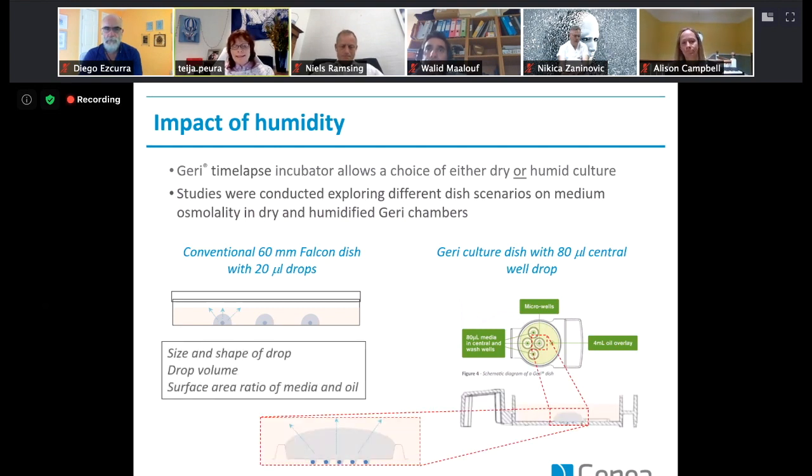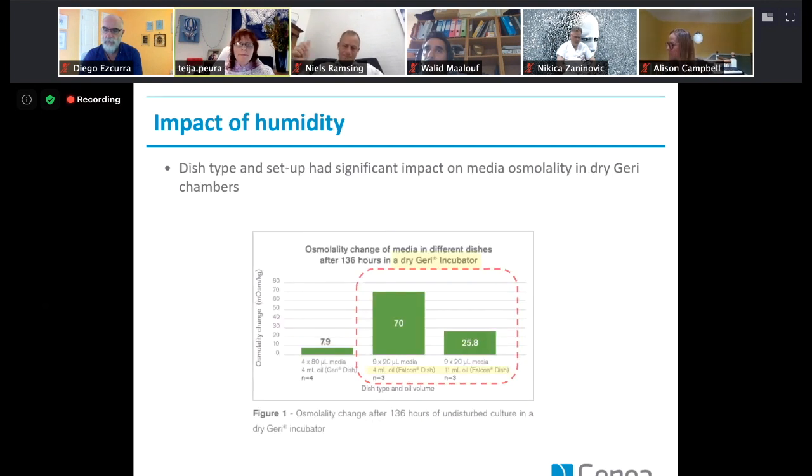And here we can see that indeed, and we did some further analysis as well, the size and shape of the drop, the drop volume and surface area ratio of media and oil, are quite different, and they probably explain some of the results. Without going too much into details here, I'm just highlighting that surrounded by red are the scenarios which represent the worst case and the best scenario that can be achieved with the Falcon dish, with either just enough oil to cover the drops or the maximum amount of oil.